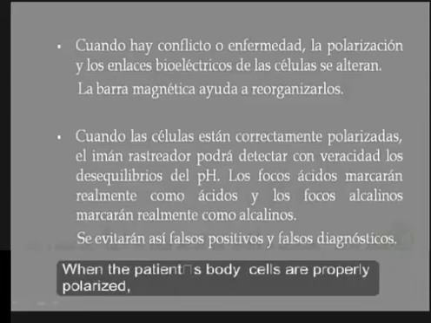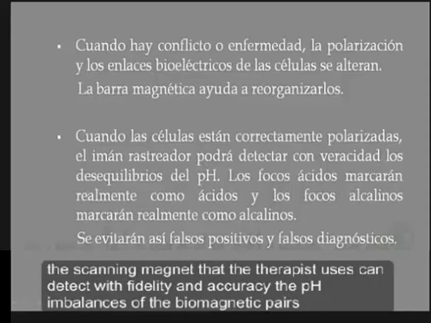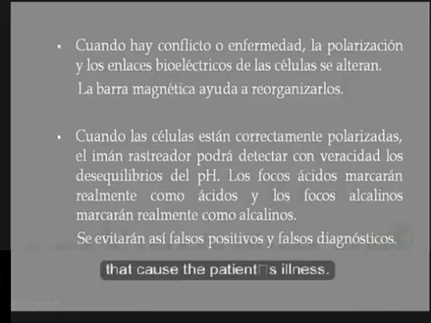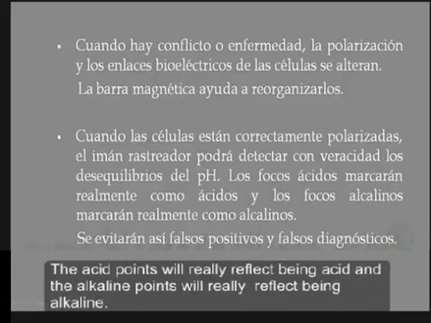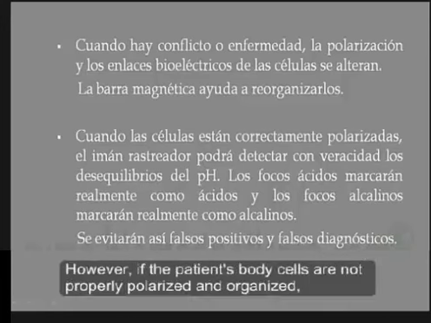When the patient's body cells are properly polarized, the scanning magnet that the therapist uses can detect with fidelity and accuracy the pH imbalances of the biomagnetic pairs that cause the patient's illness. The acid points will really reflect being acid, and the alkaline points will really reflect being alkaline.